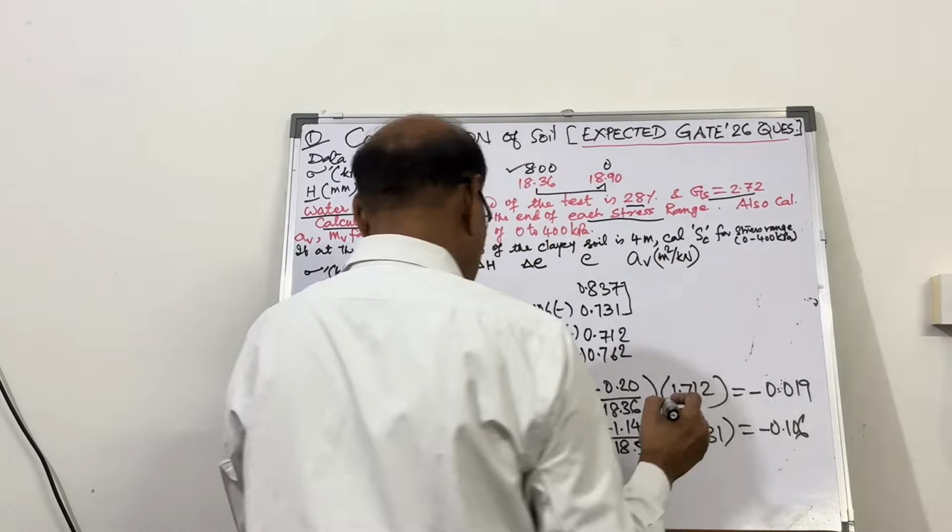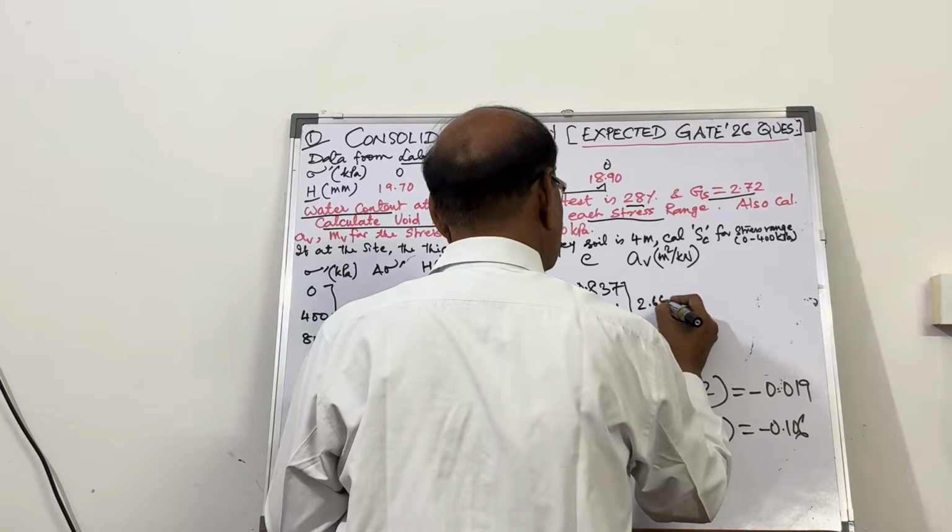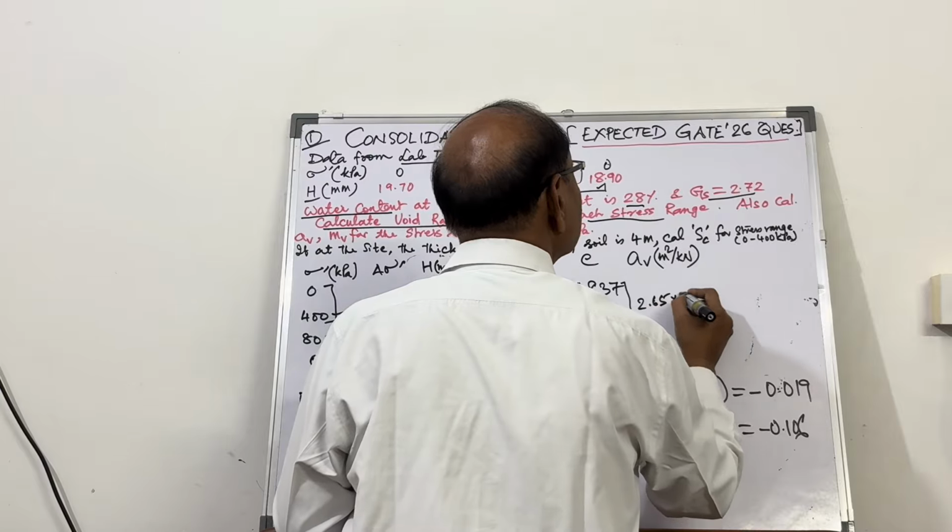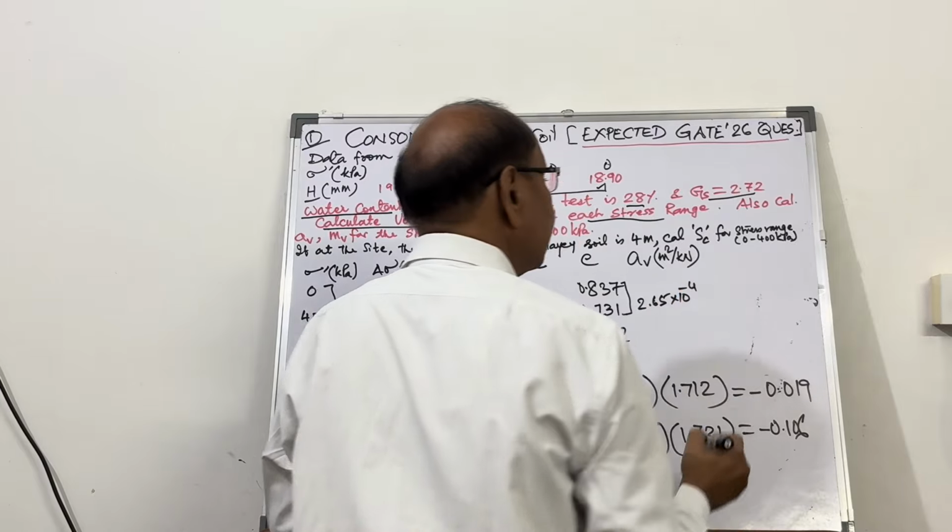So I am getting for this pressure range 0 to 400, the value of AV as 2.65 into 10 raised to minus 4.